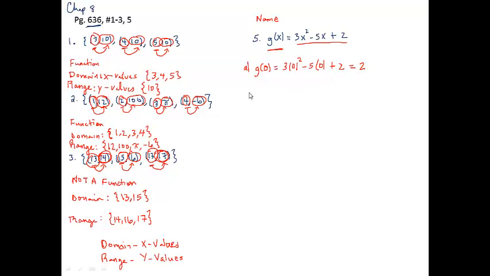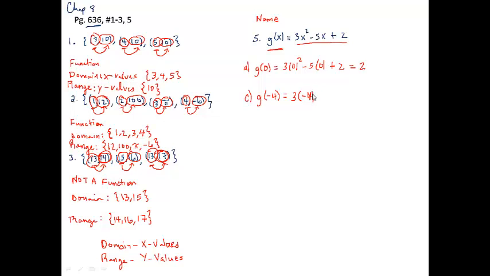Good. How about we do C? And it says find g of negative 4. So first we're going to do the same thing. What's being replaced? The x with what? Negative 4. So let's do that. 3 times negative 4 squared.